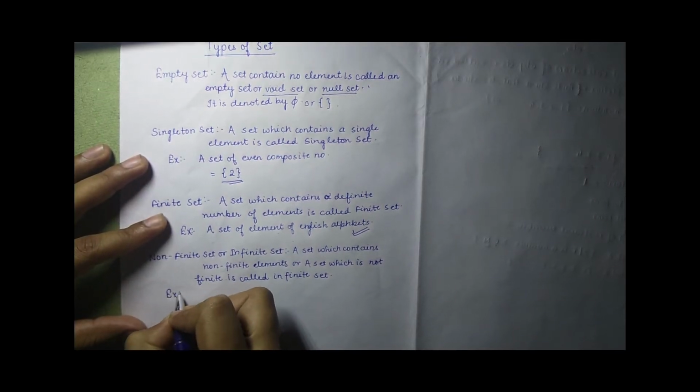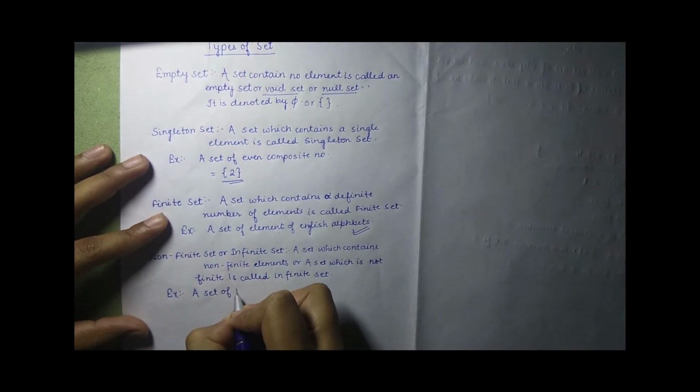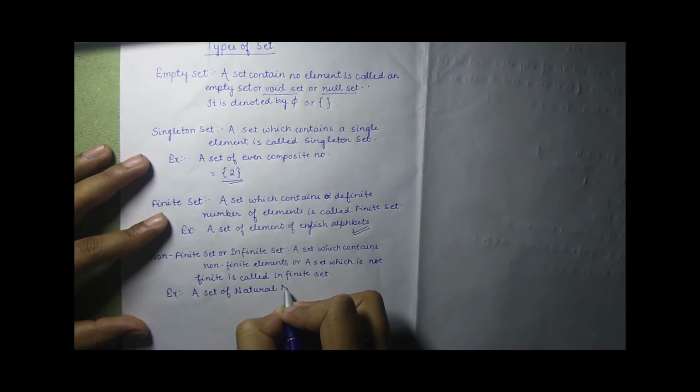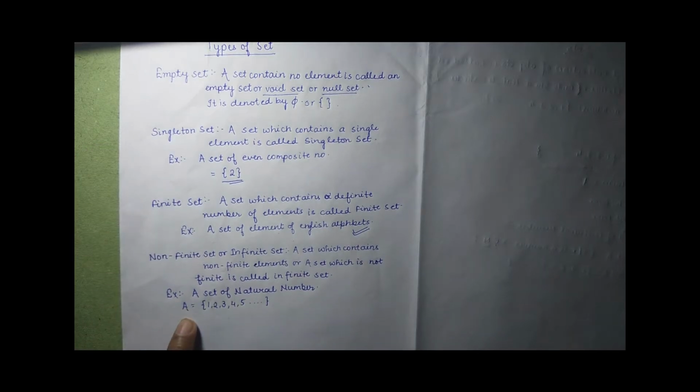For example, the set of natural numbers, A equals {1, 2, 3, 4, 5, and so on}. The dots show that the list is continuing. It is a non-finite set because we cannot count the elements of this set.